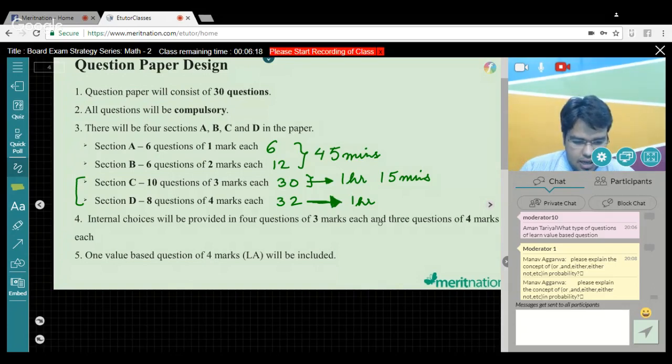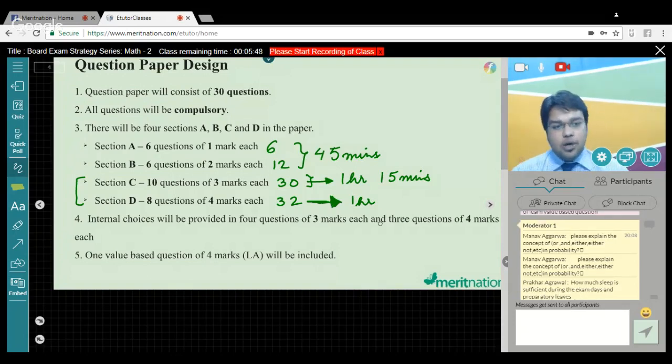Please explain the concept of or and either not in probability, Manav. Or is basically that you want a perfect 80, or you can get satisfied by 79. That's an or. You want this or this. So you can get a head or a tail when you toss a coin. What I would like to emphasize, Manav, is that many of you have a problem with at least and at most. You should get at least 27 marks in your board exam.